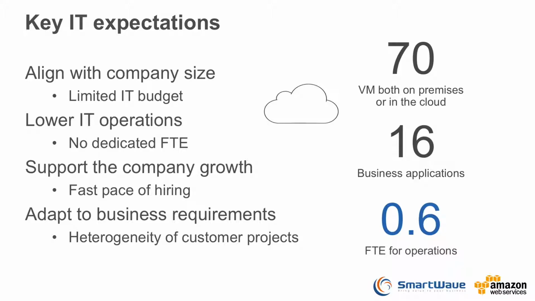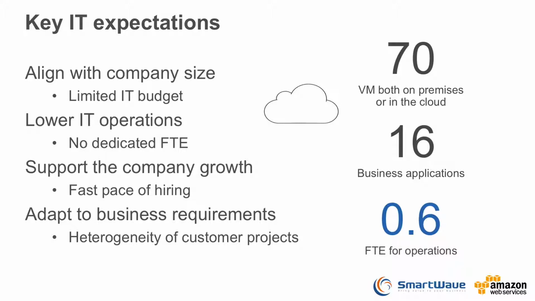So our IT expectations are aligned with the size of the company. We have no dedicated employee for our IT, so it's work that is spread around many different people at SmartWave. But still, we need our IT to be aligned with the market and to support our company growth and adapt to the business requirements.